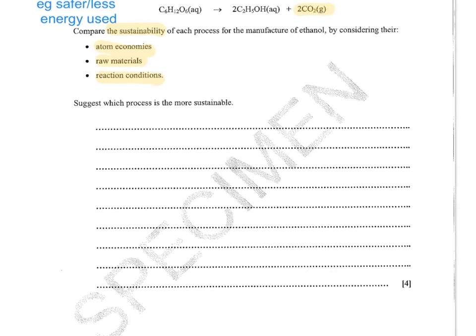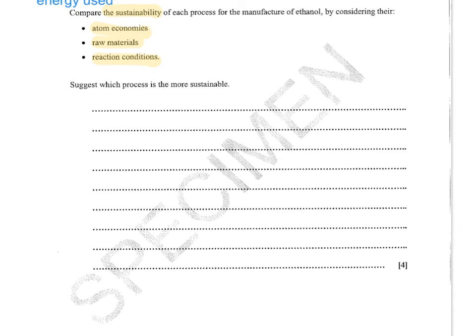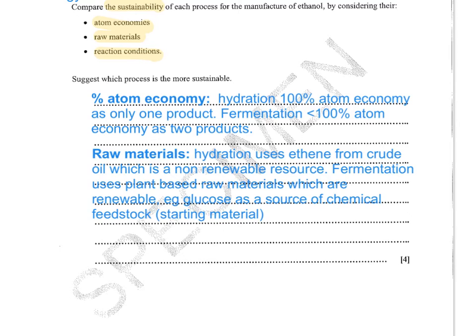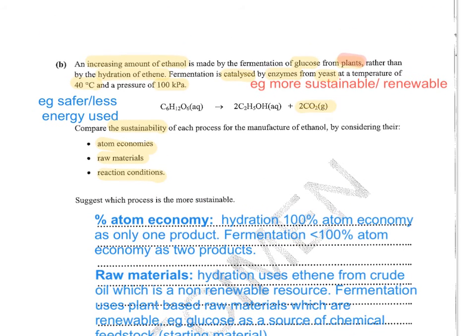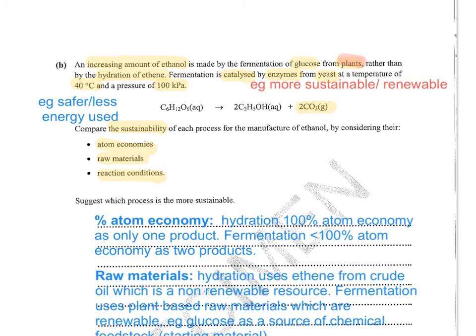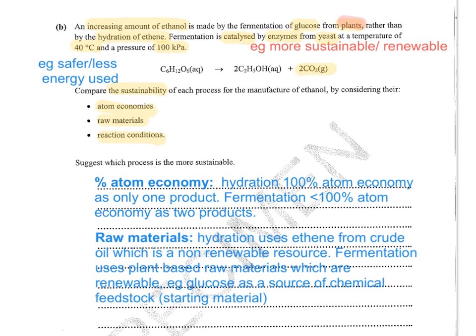I'll move it up a little bit. So we've got hydration using ethene from crude oil. Why? Because in the question, I think earlier on in the paper it might have said it, on the previous page.